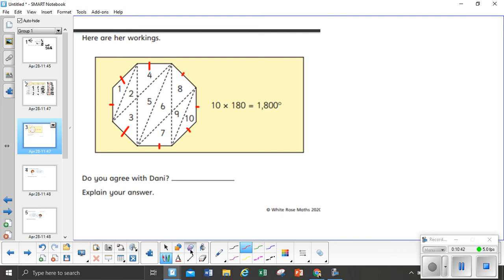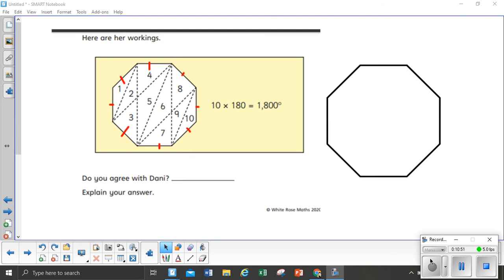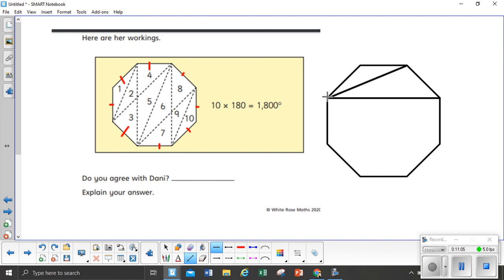Okay, I don't think I can draw an octagon. I can. Okay, so I've got an octagon. I'm going to try and draw the triangles properly. So that's going to give me a triangle. Okay, 3 sides. So I can have this one as one side, and that's another side. So that's another triangle.